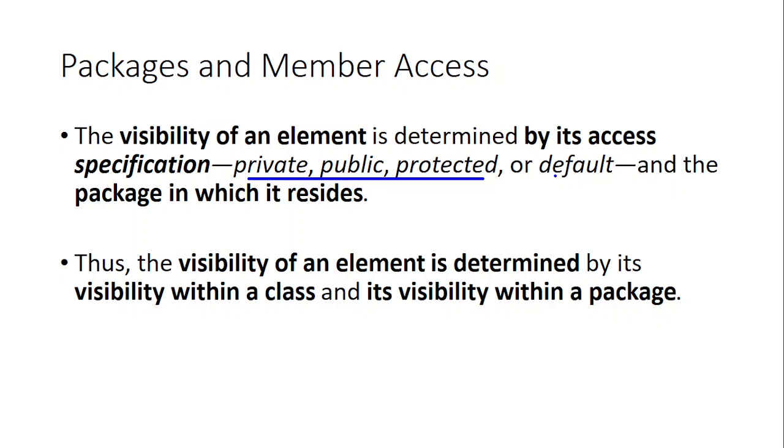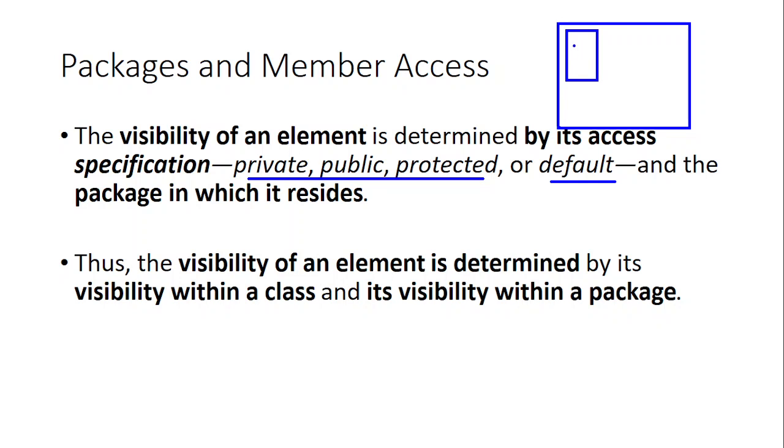We can also have the default, which is nothing but the package. So if you don't specify an access specifier as private or public or protected, that means it belongs to the default. Now what is the meaning of default? Default means the class or its members will be available to all the classes which are part of the particular package.